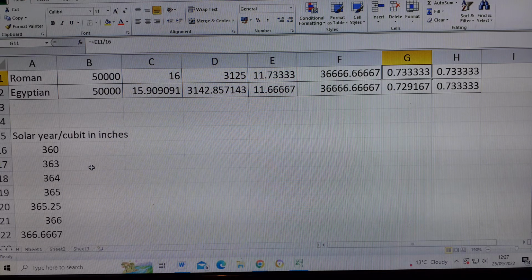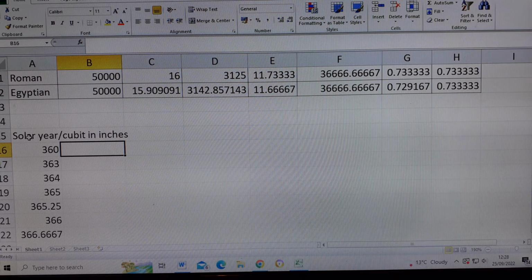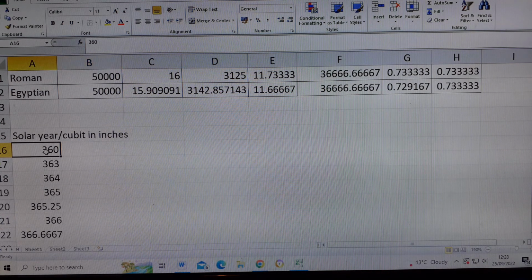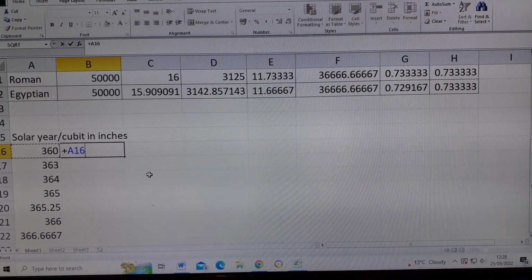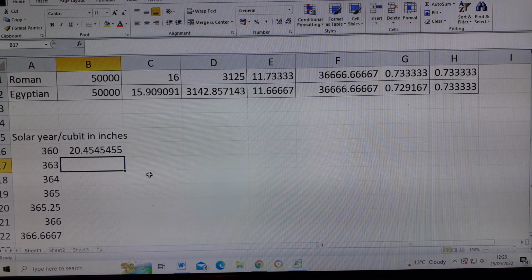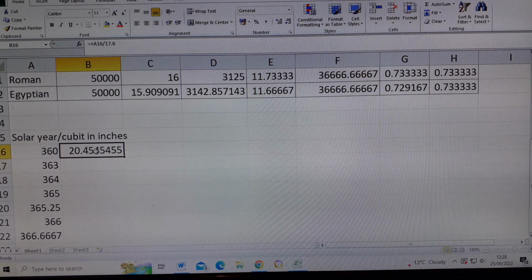This is entirely in line with Petrie's findings. So the way we work out the cubit in inches from a solar year is very simple. You divide the solar year in days by 17.6. And that is the cubit length.